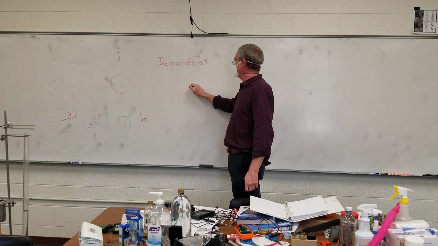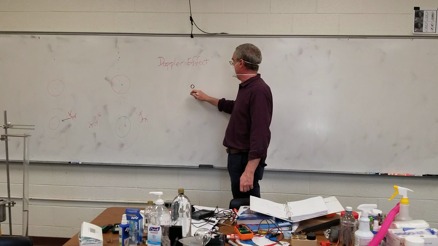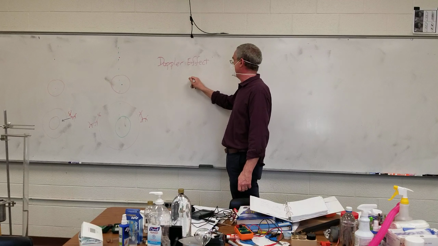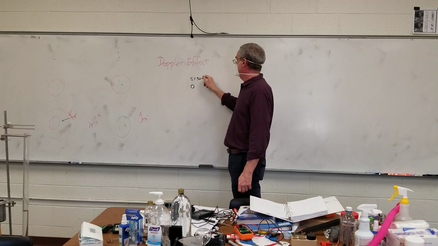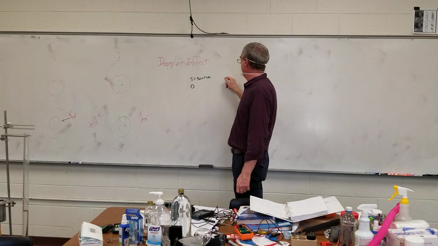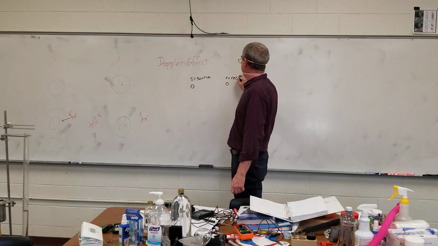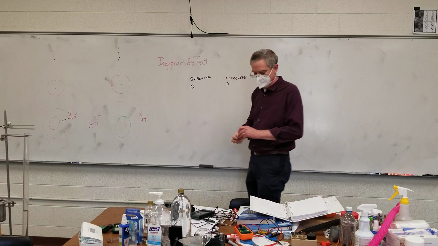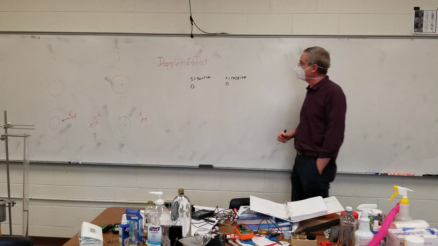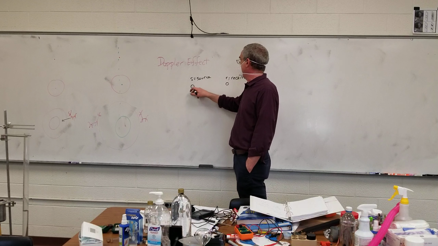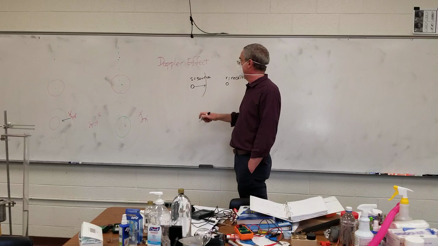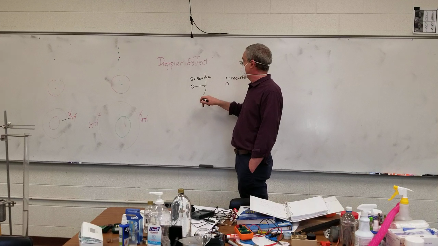So I have some object here that's emitting sound. I'm going to use S for source, and then R for receiver. The source produces a sound, and that sound wave is going to travel a certain distance.